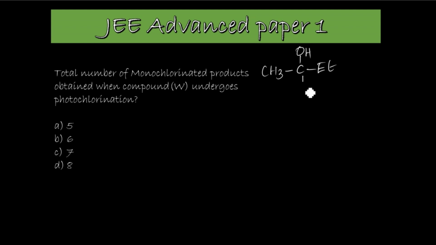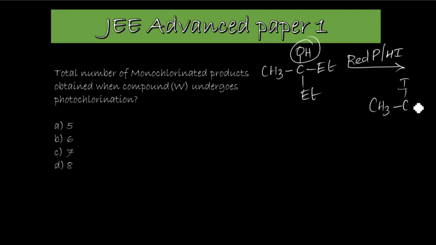So which is undergoing our reaction with red phosphorus HI. So which will produce our CH3 I with Et and Et. If that is undergoing the monochlorination or photochlorination, then what are the possibilities?